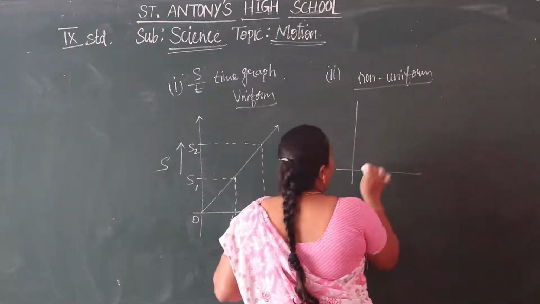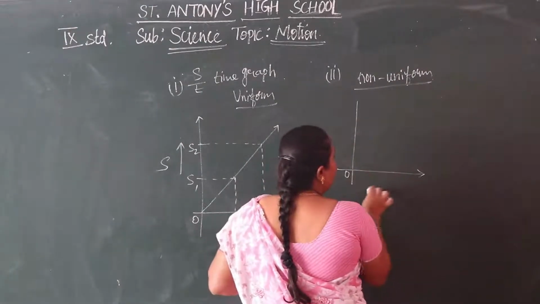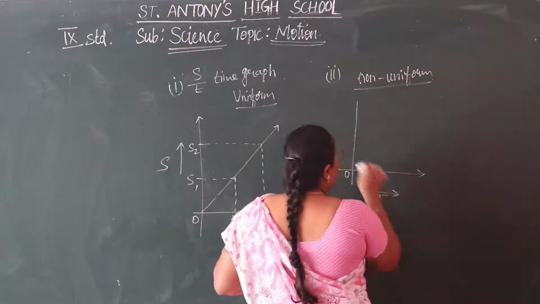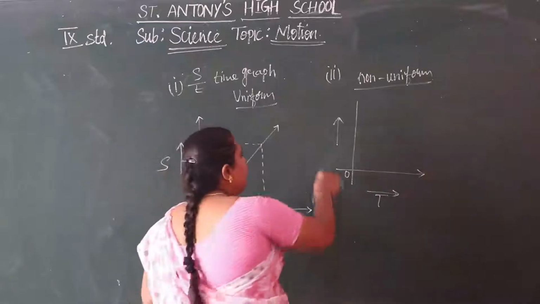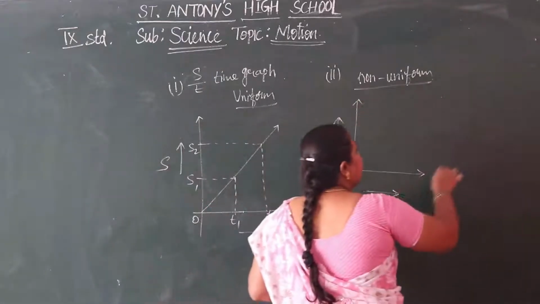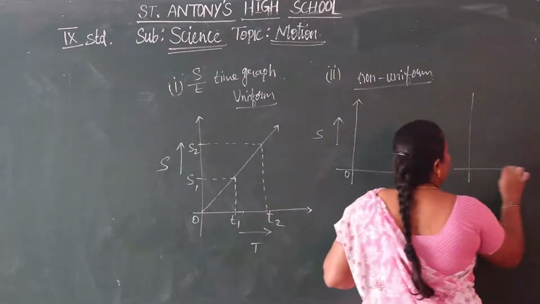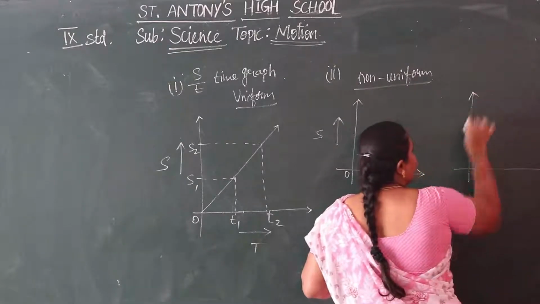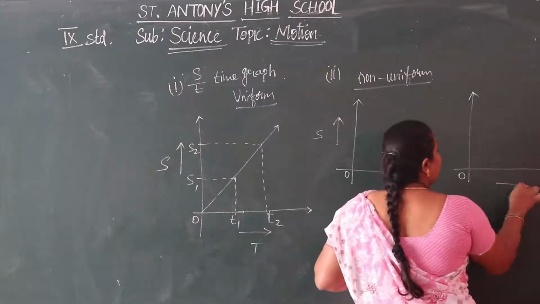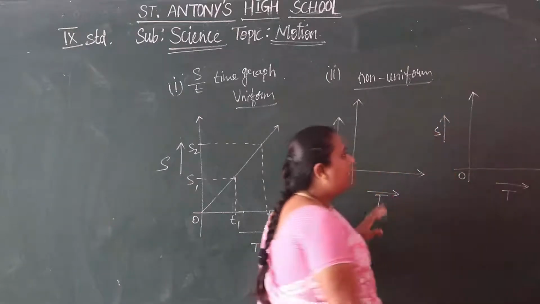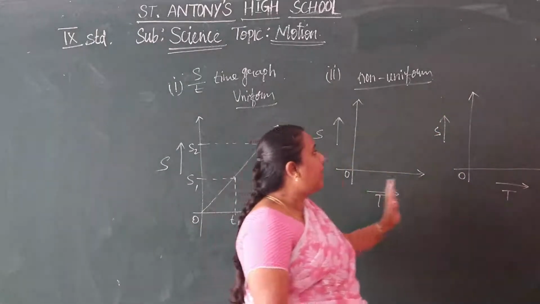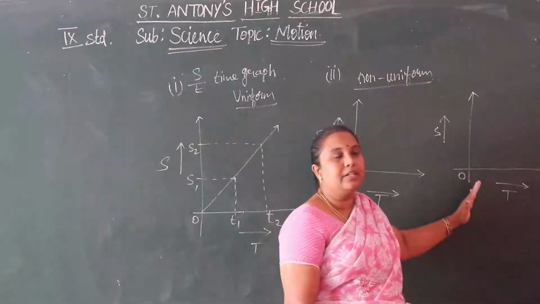Like this, we have 0, the x-axis is time taken, and the y-axis is distance s. So one is acceleration and one is deceleration.